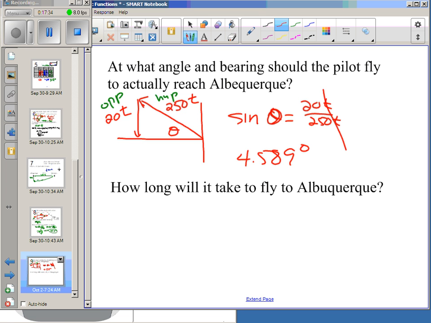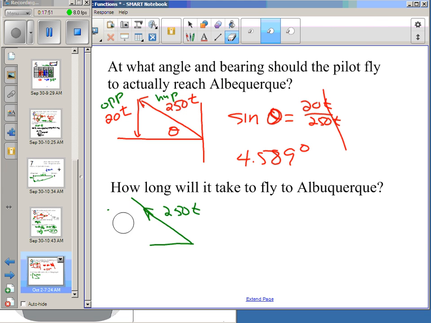How long will it take to fly to Albuquerque? So if we think of our triangle again, here's our 250t, right? This can be split up into two parts. Let's try that again.